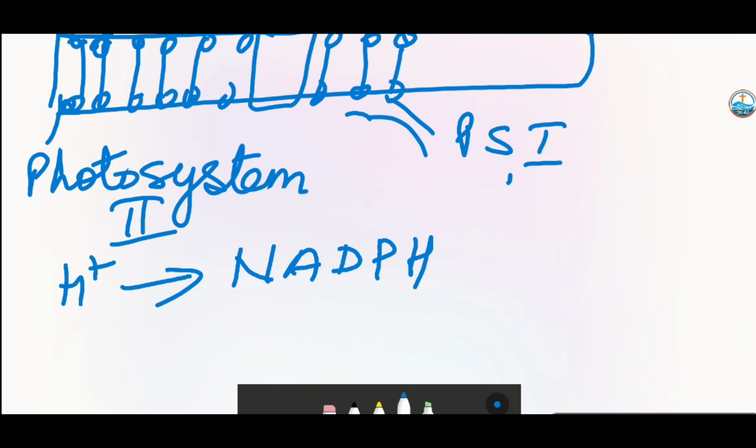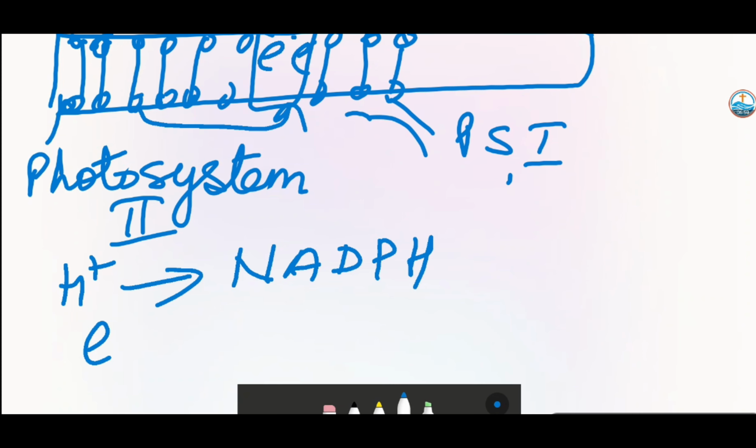The electrons now move in the grana part.